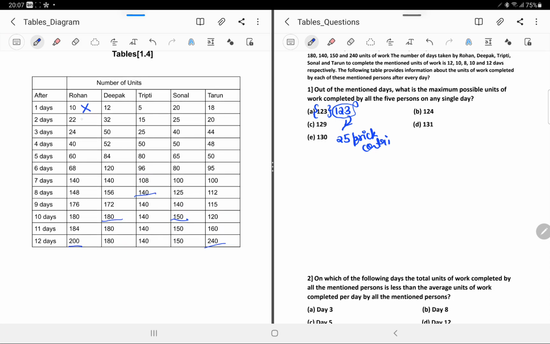This is 12, this is 12, then 20, 10, 5 and 2. You can compute in your mind as well. You can clearly say that it is not going close to 120 even.